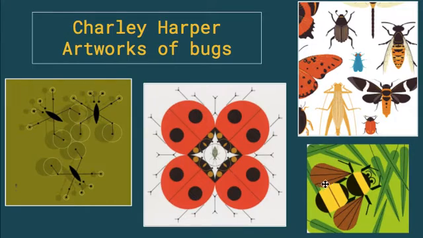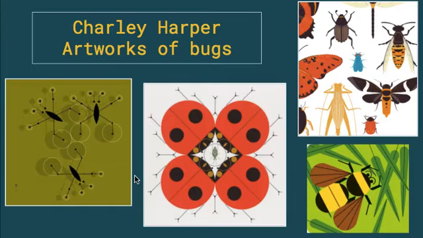Shapes once again that are similar. This one actually kind of looks like a raindrop for the wings. And then once again, we have these long triangle-like shapes for the leaves that are around this bee or hornet. I'm going to give you some pictures to look at that are going to help you learn how to draw bugs and leaves like Charley Harper.